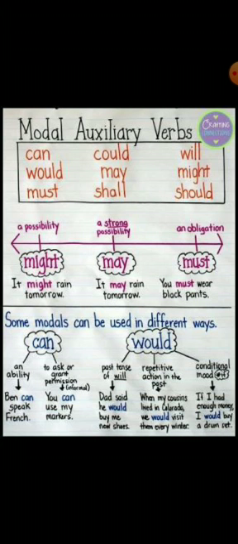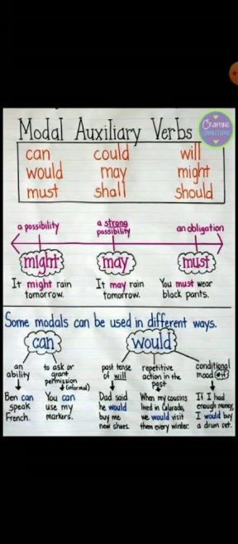First of all, I want to tell you something about can. It is generally used to indicate ability, possibility, and permission. Ability, you can say capability of a person.